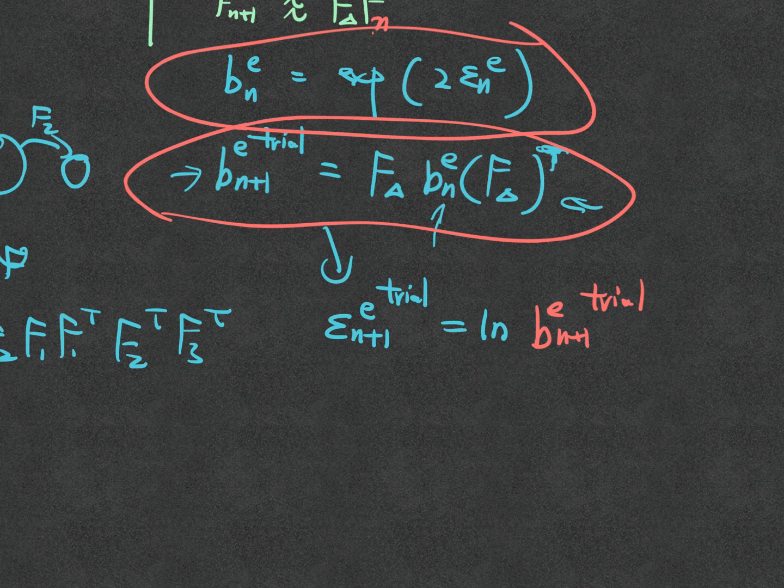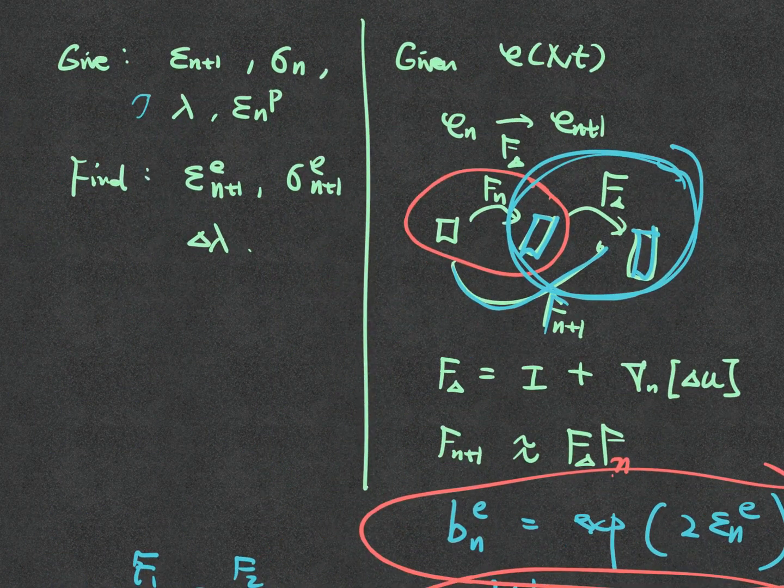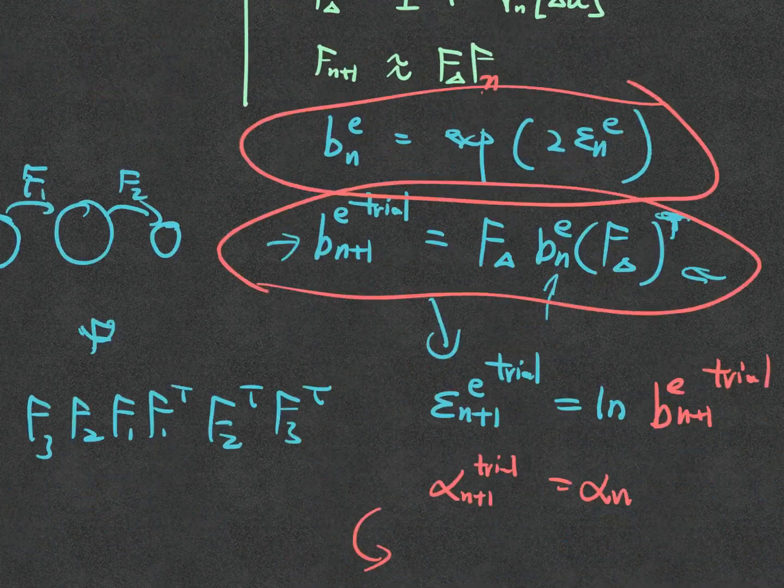If the material is isotropic, and if I have an internal variable, I need to assume that the internal variables are the same as the previous internal variables. Then in the next step I just apply it into the small deformation algorithm, because I already have this, I have this, I have this, and I also have the trial stress right now. Then I apply it into the return mapping algorithm.